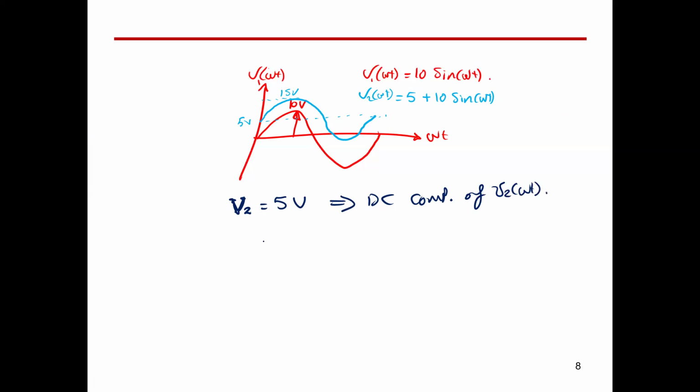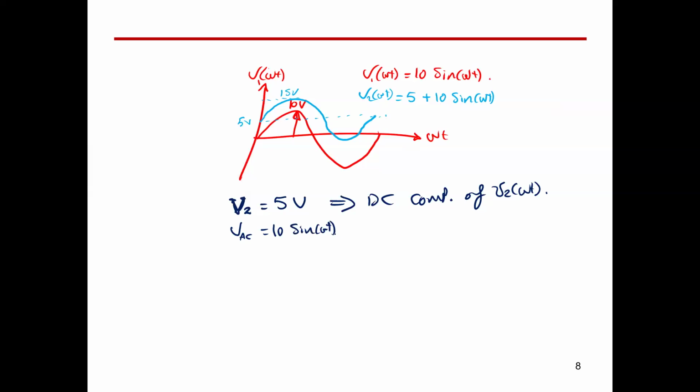If I would like to get the AC component, it will be v AC. And in the AC component, we have all the harmonic or frequency dependent components. Since here we have just one component of a sinusoidal waveform, it would be 10 sine omega t.